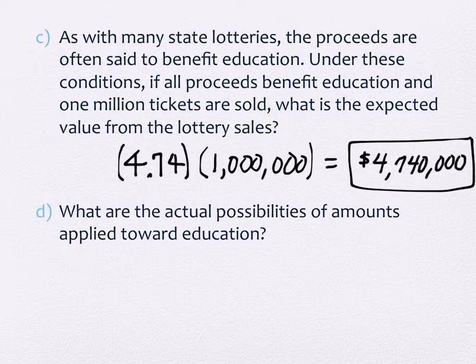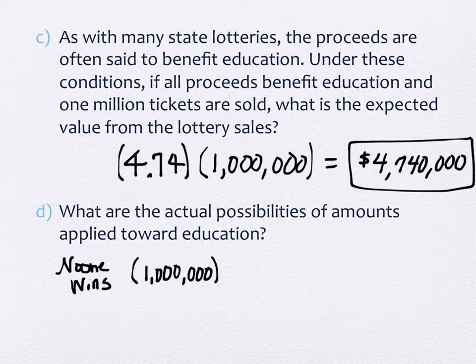One possibility is that no one wins. That's an easier one to do. If no one wins, how much money does the commission make? They sell 1 million tickets and nobody wins.